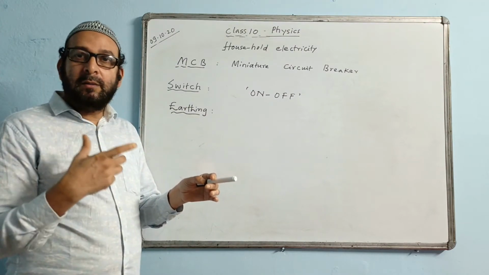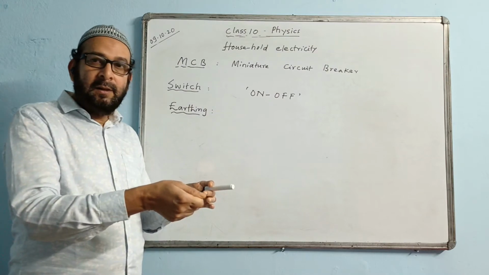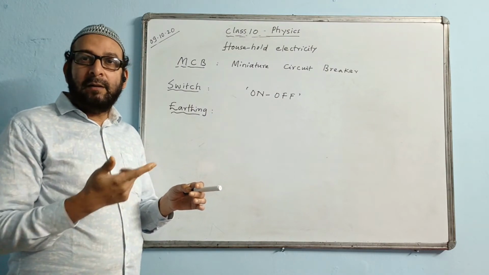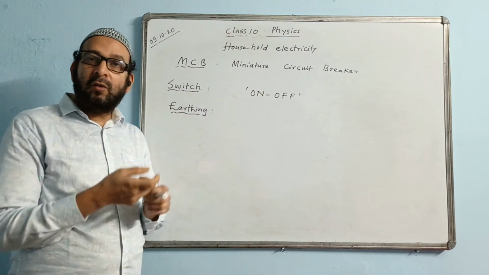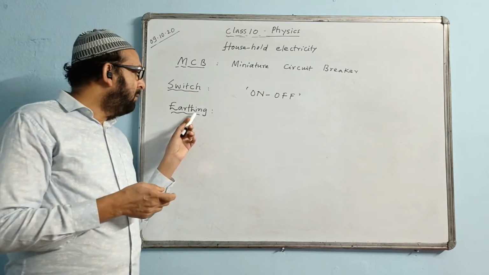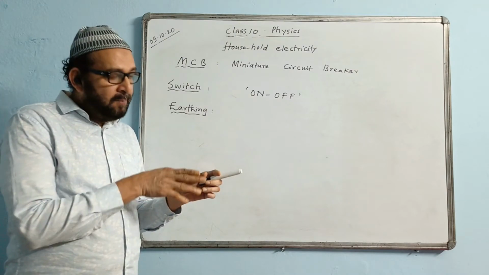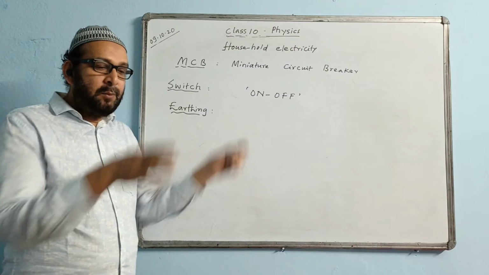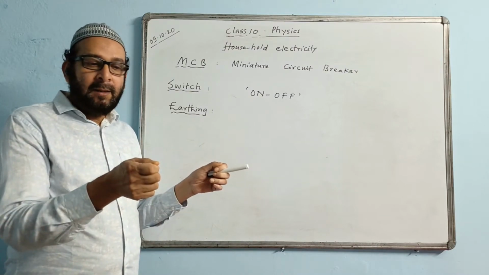When the user touches it, they will get a heavy shock, and the shock may even be fatal. So to prevent the shock, earthing is given. By that, the metallic portion of the appliance is earthed.